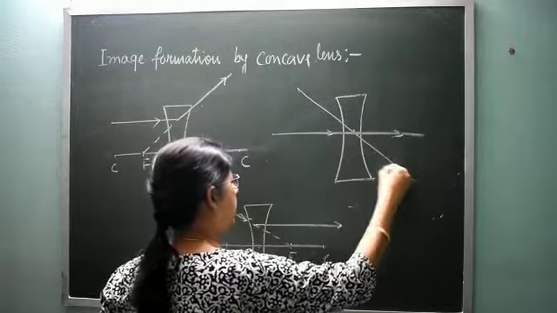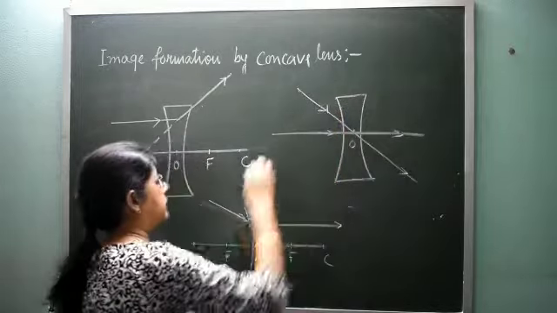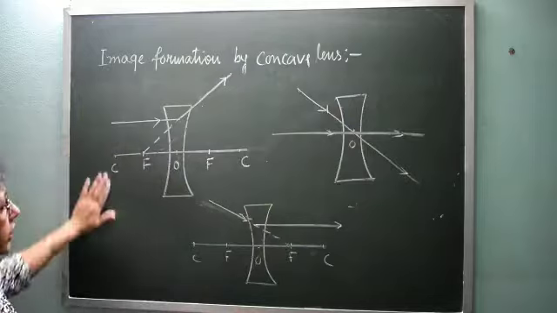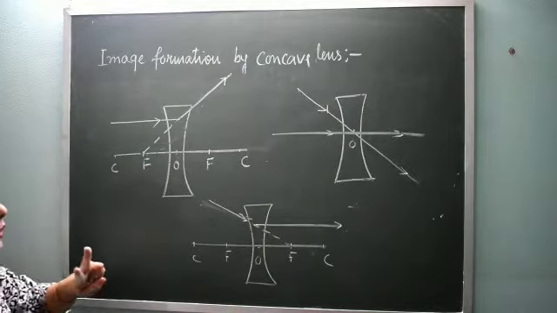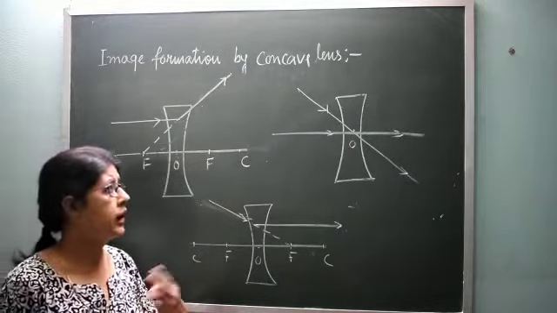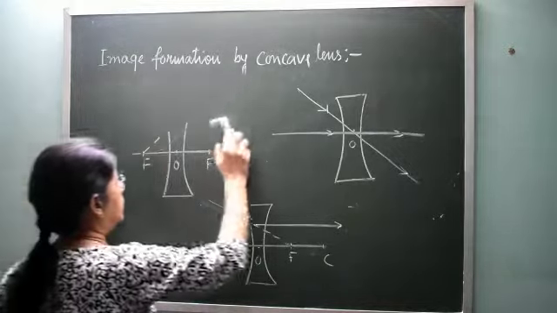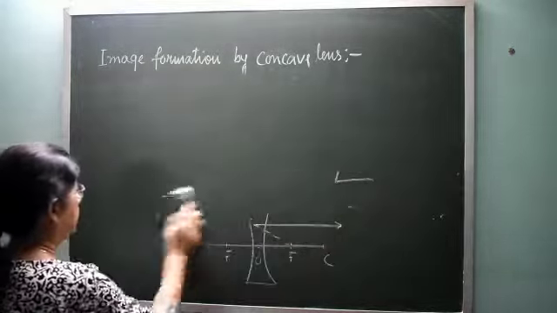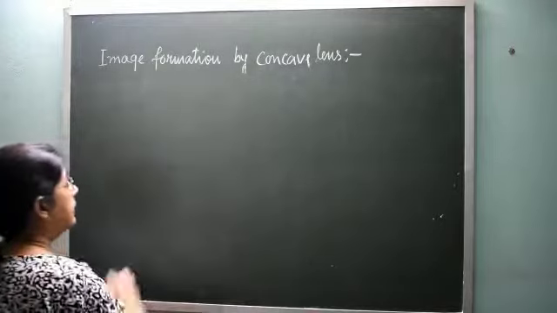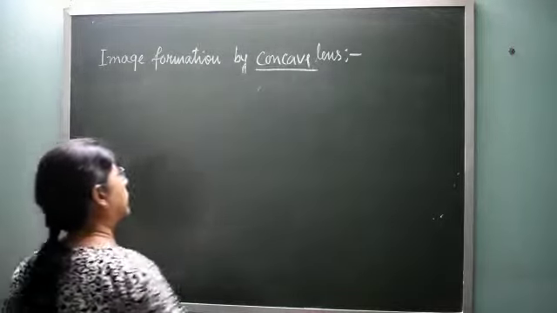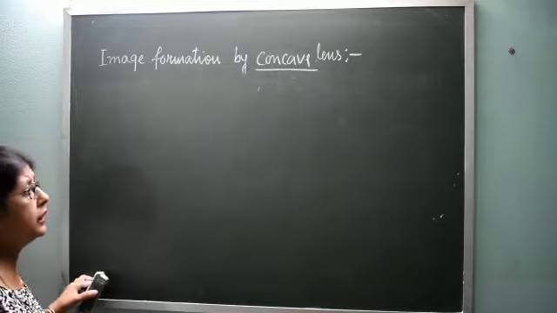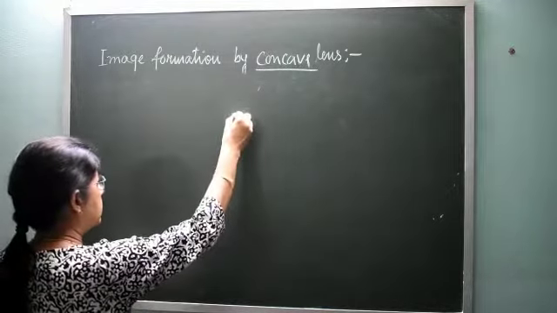It may go like that, then also it will remain unchanged. So out of these three, we take any two rays to get the image formed by a concave lens. Please remember, a concave lens can always form a virtual, erect and diminished image.